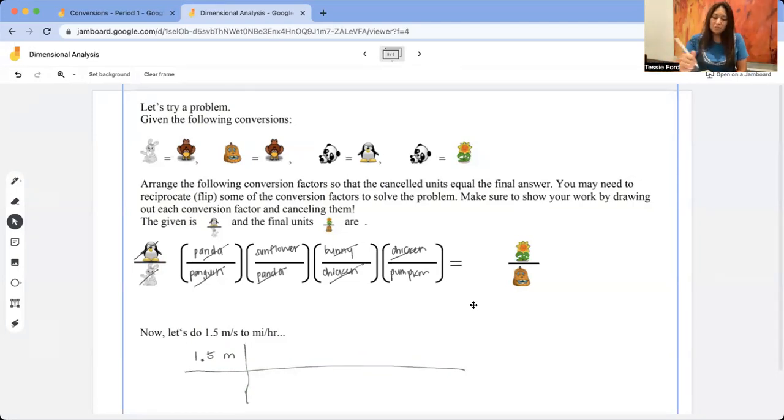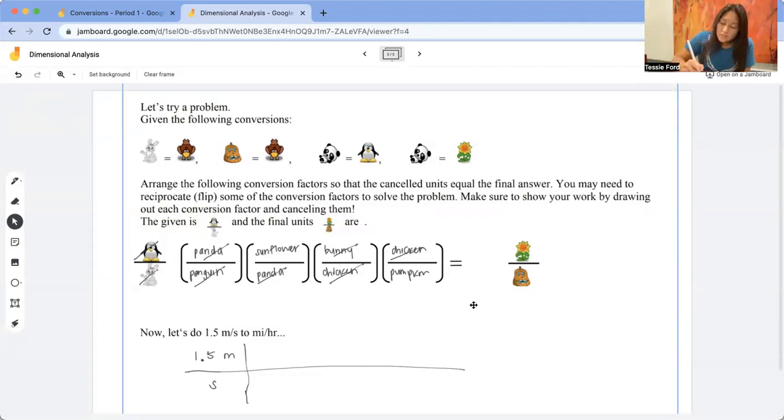So 1.5 meters, per seconds on the bottom. Okay, so we have to pick which one we want to convert first, because our goal is to get meters per second to miles per hour. Okay, let's change meters to miles first.